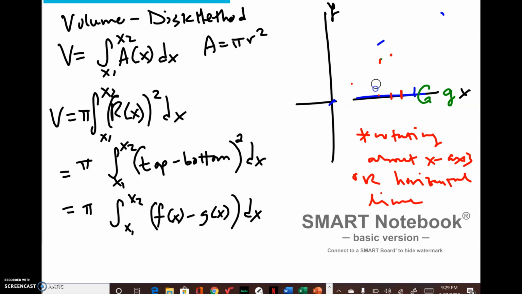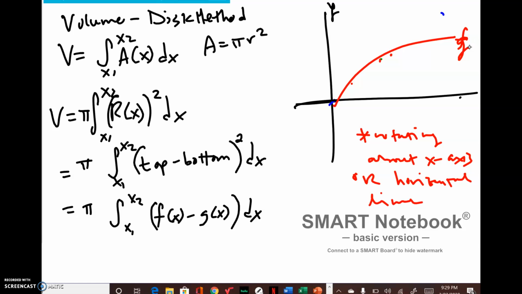Okay, so let's suppose I have this function f. Actually, I'm going to call this g. And then let's suppose this is f. Okay.